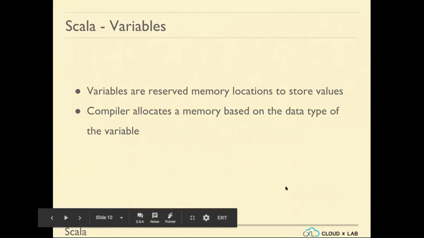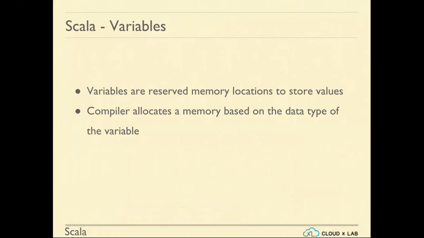Okay. Going back. Thank you, Alok, for the question. So variables are reserved memory locations to store values. Whenever we are saying x equals something, the compiler is going to allocate a location in the memory, and these variables are basically pointing to those.